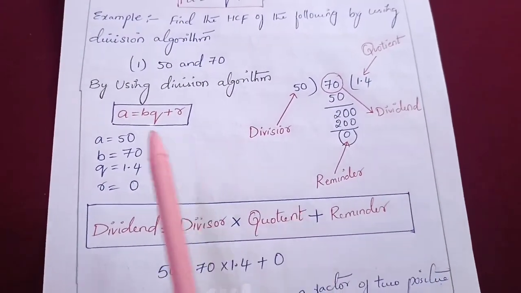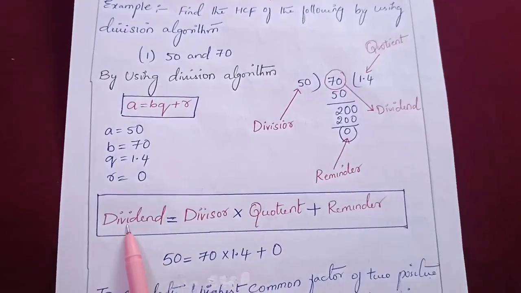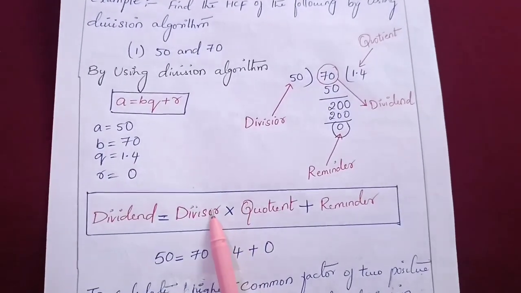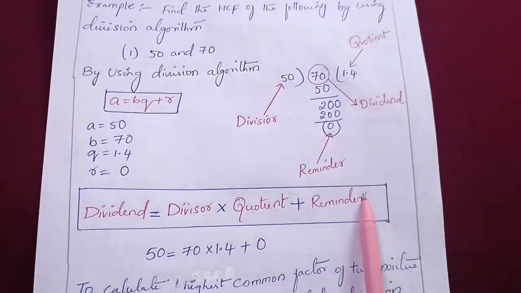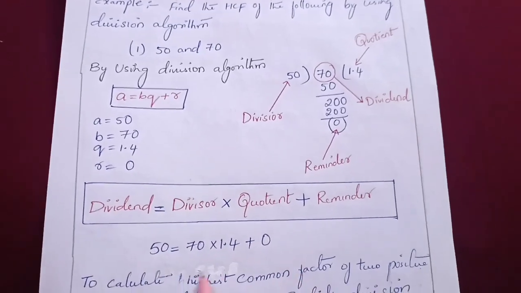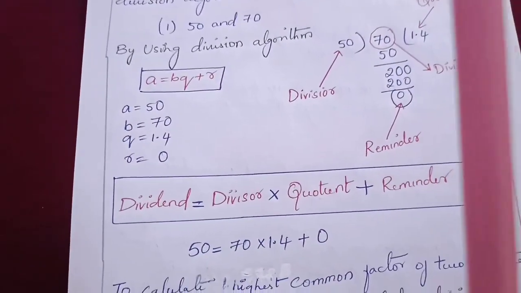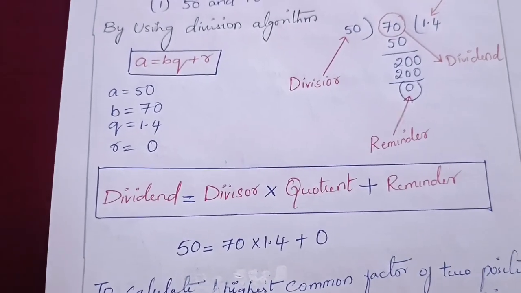Here a is the dividend, b is the divisor, q is the quotient and r is the remainder. So just substitute all these values in this format, then you can easily find the HCF by using the division algorithm.